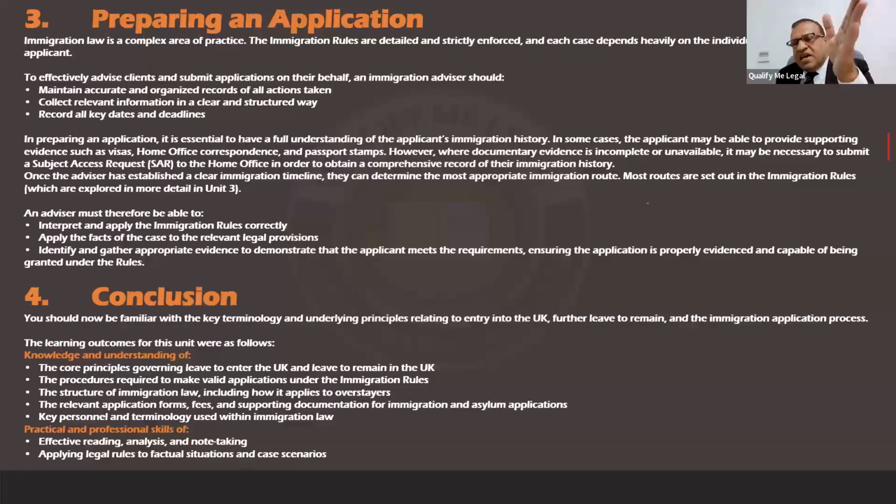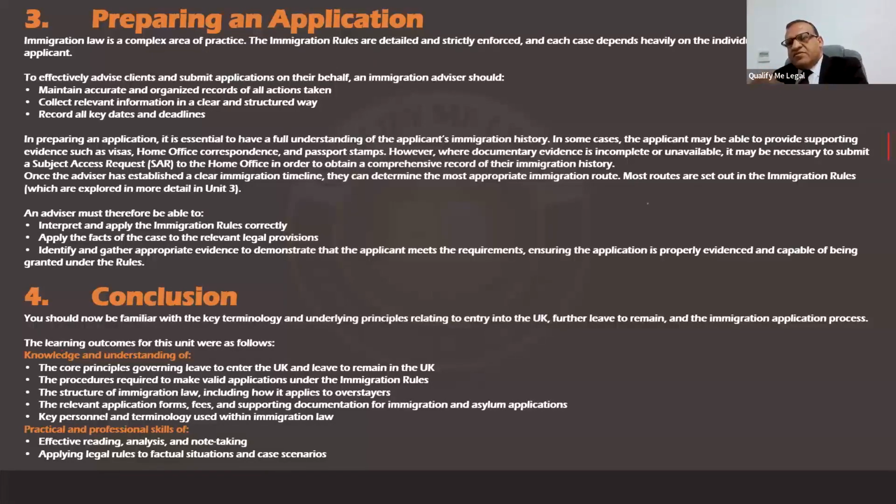But level one, level two, level three, basically these are levels within immigration, a categorization of immigration advice authority advisors. For instance, if an individual is qualified up to level one, then that person cannot do complex cases. That person can do just the basic cases, for instance, the basic applications.